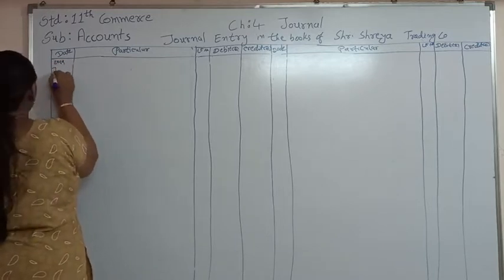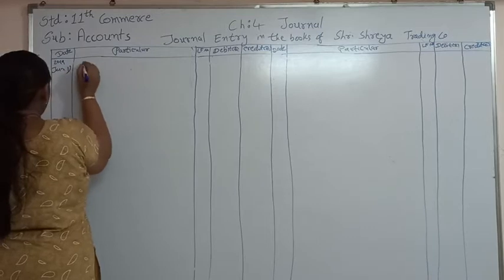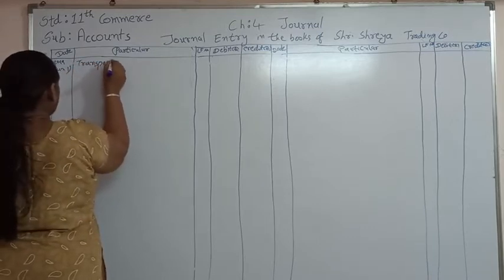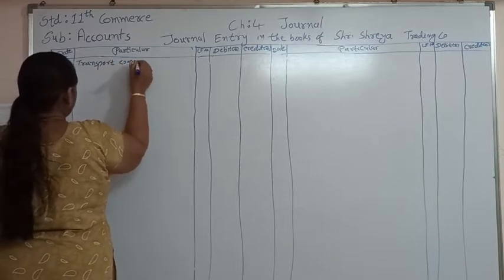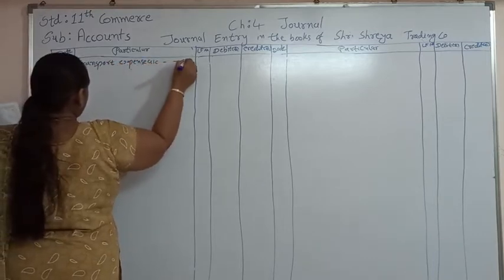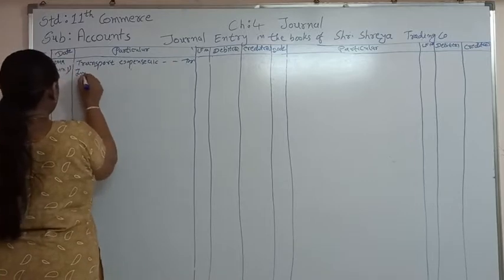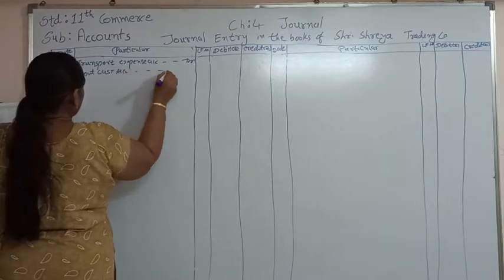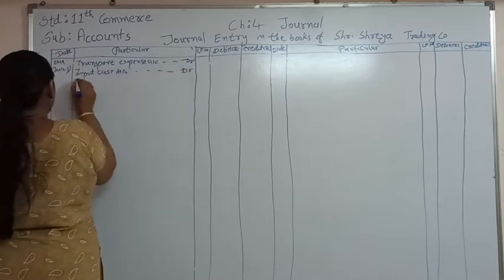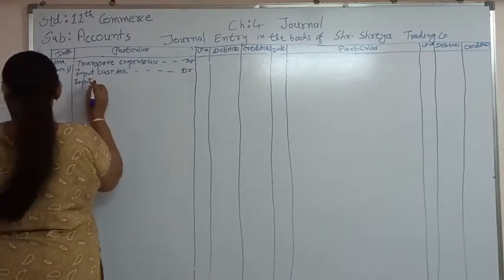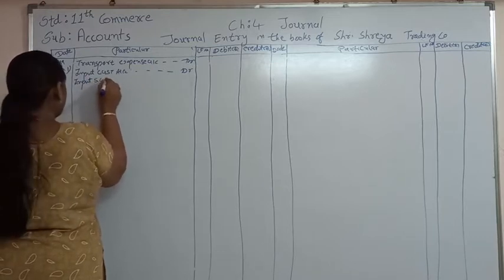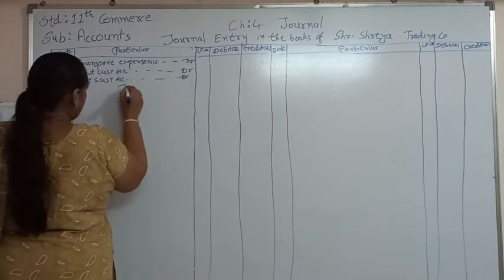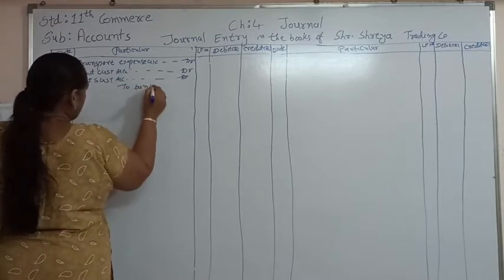2019 January 1st. Transportation expense account debit, input CGST account debit, input SGST account debit to bank account.